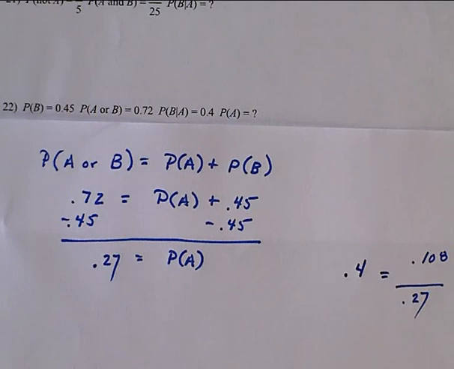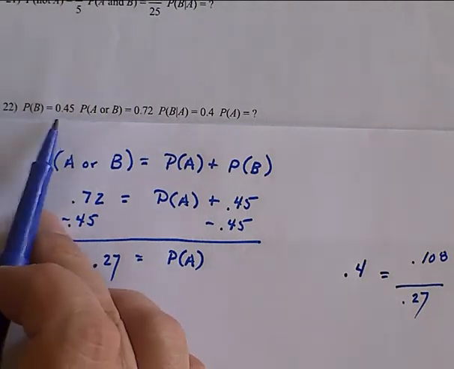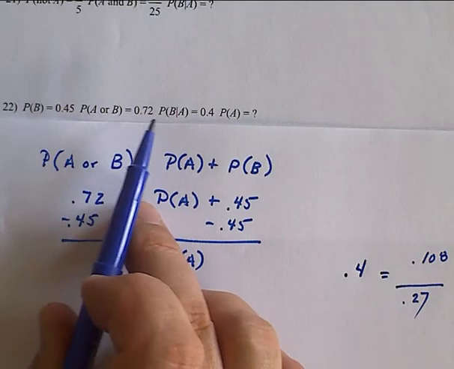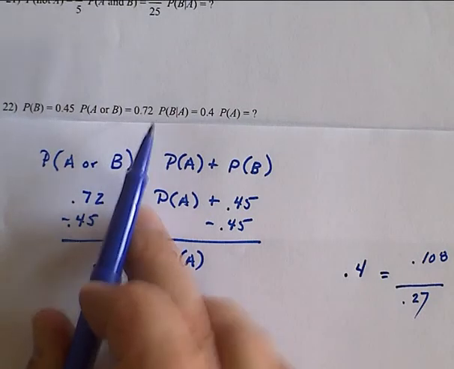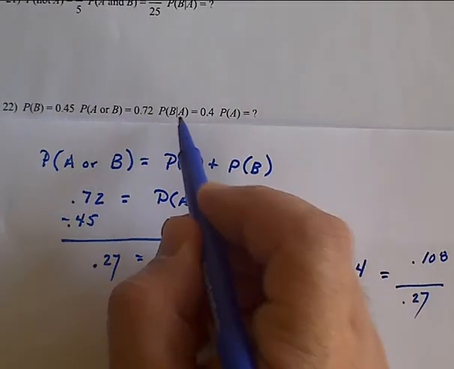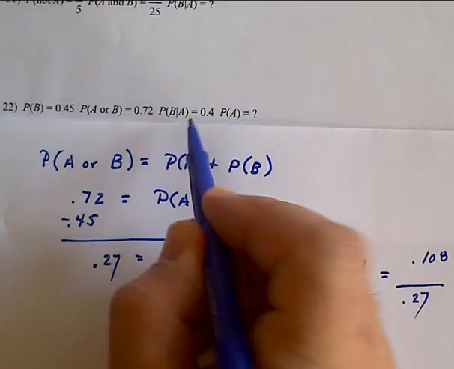we're going to call good. So again, let me just run through what I did on this one. Okay, so the probability of B is given to be 0.45. The probability of A or B is given to be 0.72. What I did is I chose to call these independent events with no overlap, and I didn't even look at this part here with the conditional probability.